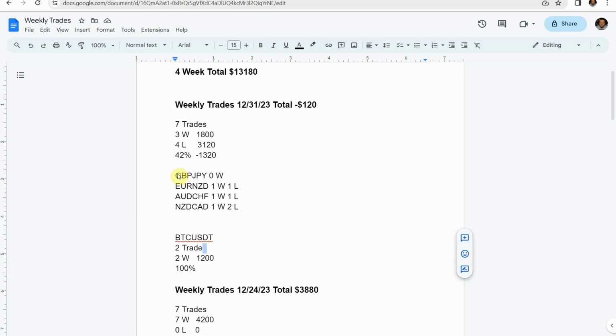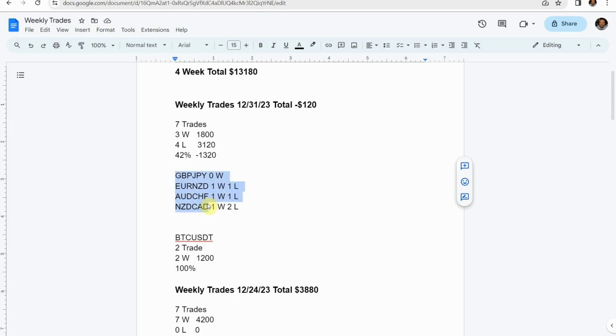So for the Forex pairs, we had 7 trades altogether, 3 winning trades, 4 losing trades, putting it at a 42% win rate. For the Forex pairs, we would have lost $1,320. With the crypto coin, we had 2 trades, 2 winning trades with a gain of $1,200 for a total drawdown for the week of $120.